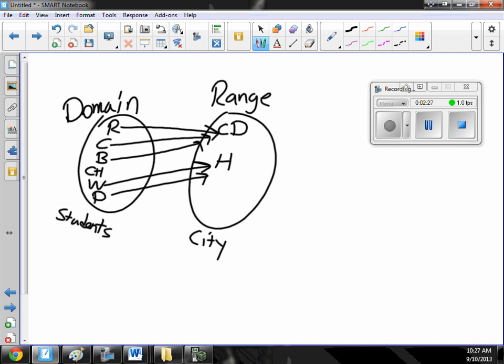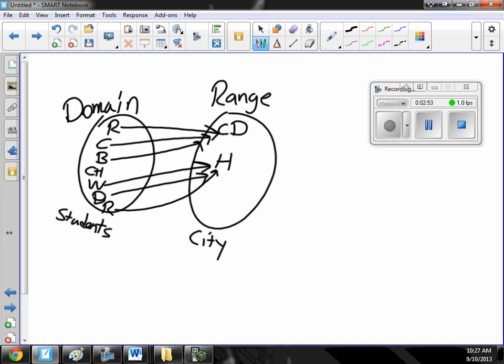The only rule for a function is nobody in the first set, in the domain, is linked to two things in the range. So, if I were to put Reagan again, and I were to link her to Huntington, that's a problem.